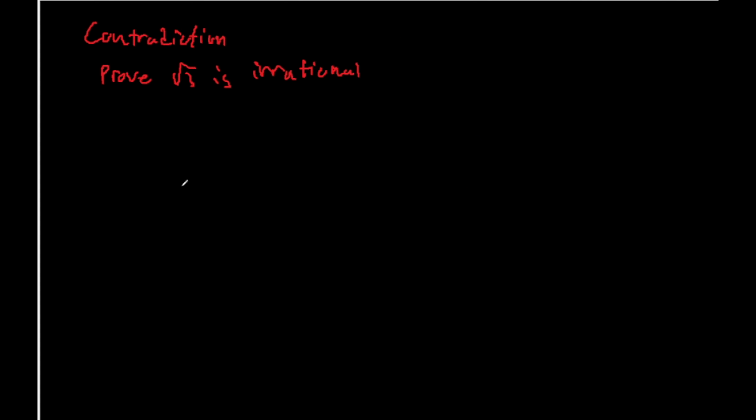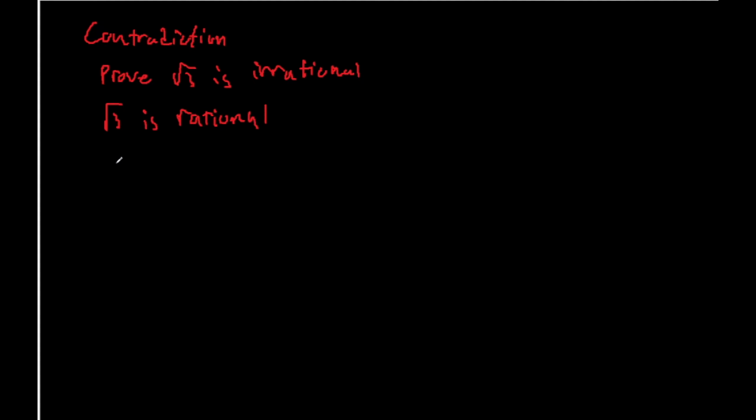Now we have proof by contradiction. So we have this statement that prove square root 3 is irrational. And since it's a proof by contradiction, we're going to assume that square root 3 is rational. That's what you do in a contradiction. You assume the inverse statement.